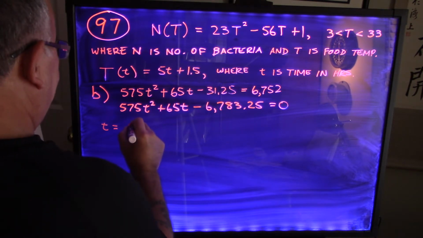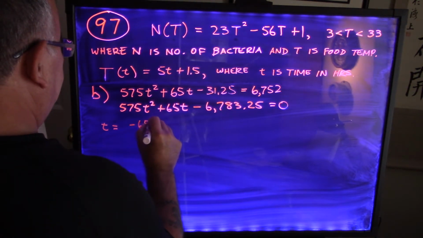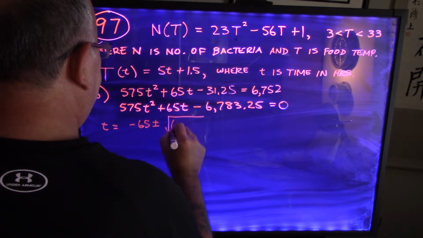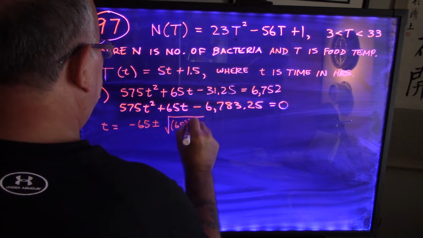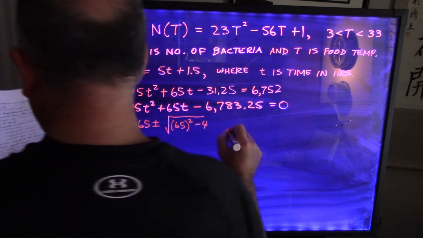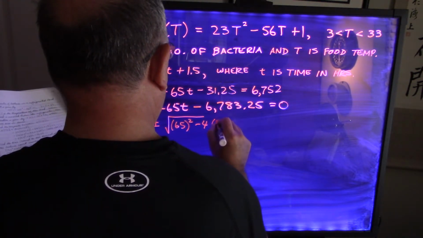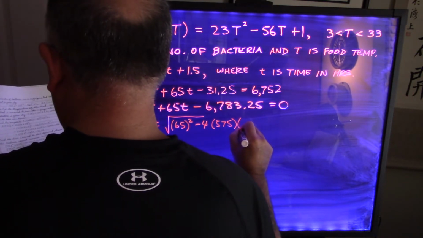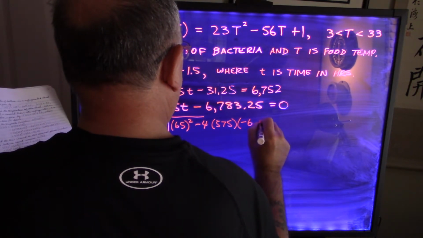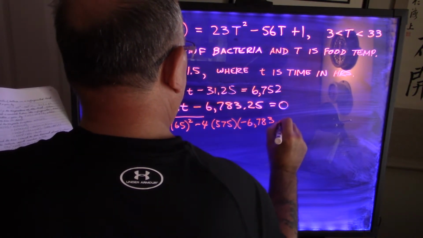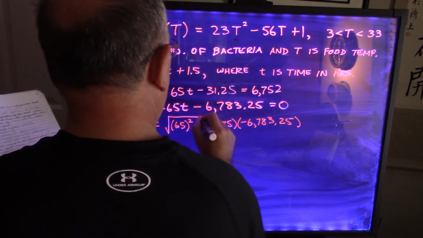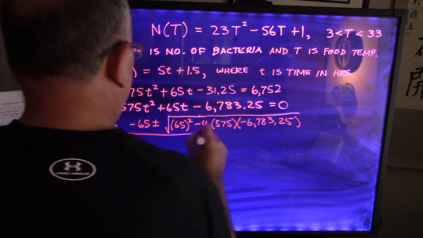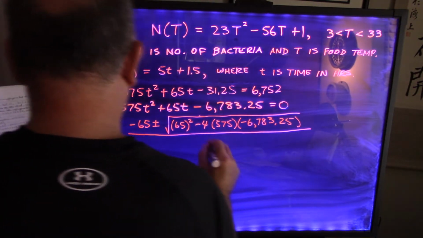So plug it into the formula: plus or minus the square root of b squared minus 4ac, that's 575 times minus 6,783.25, all over 2a.